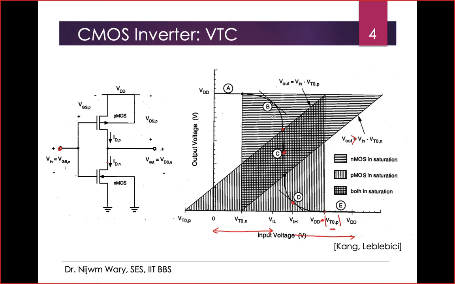If we go this way, or if we go this way, they are symmetric. So from this point to this point, they are equal because of the symmetric nature, right?